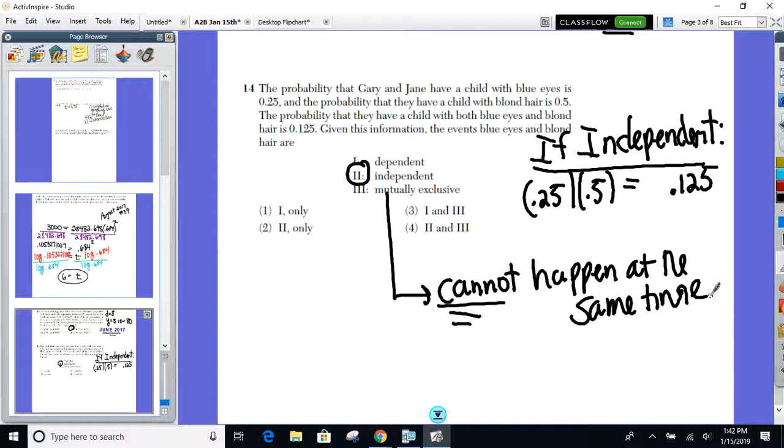Can they happen at the same time? Yes. So are these mutually exclusive? No, because mutually exclusive means they don't happen at the same time. I can have a kid with blue eyes, blonde hair. That can happen. So they are not mutually exclusive. The only thing is they are independent.